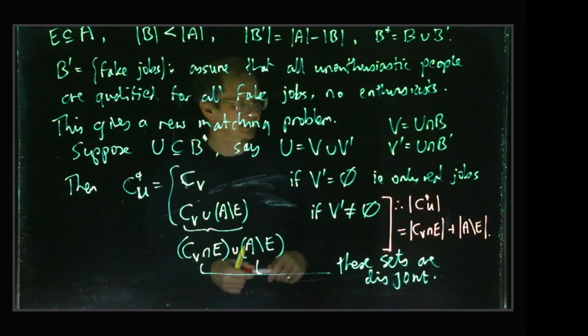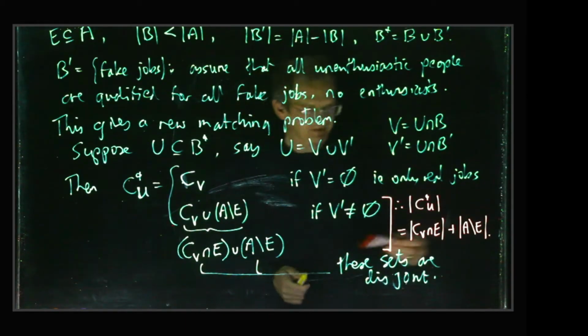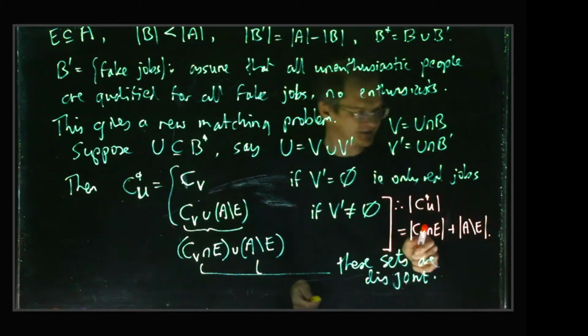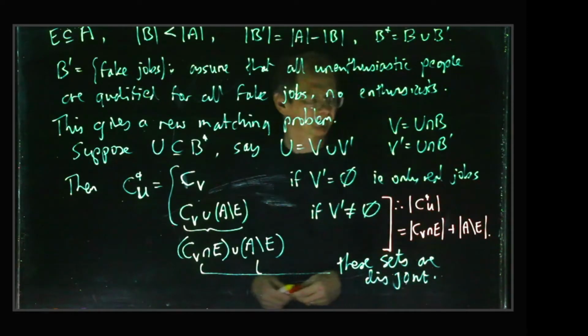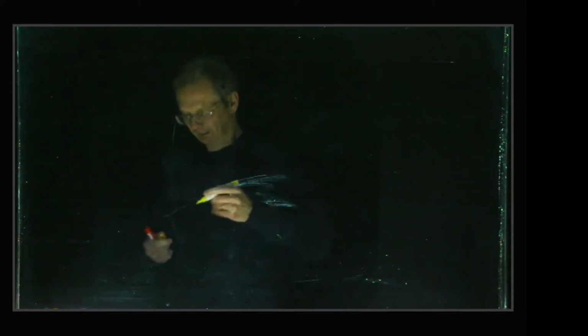That's how the numbers work out in this case, and this is going to be useful because if you remember, one of our basic assumptions was about the size of the set of enthusiastic candidates. Okay, so again, the basic assumptions that we made in setting up this theorem were like this.